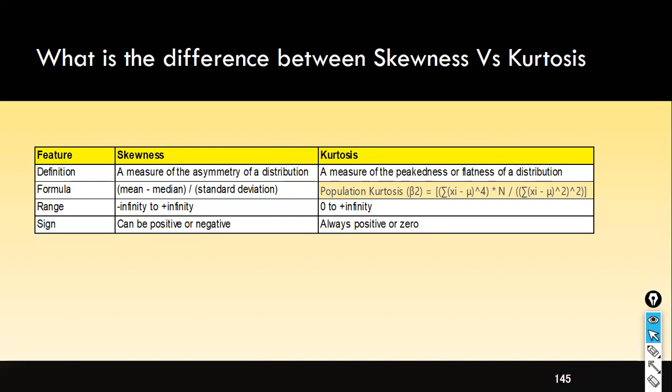Very high, low and 0, there are 3 cases you can see here. There is no negative value in the case of kurtosis, it is always positive or 0, whereas skewness can be positive or negative. This is the formula. Skewness is a measure of the asymmetry of a distribution, and kurtosis is a measure of peakedness. Here we are very much interested in finding out the peakedness. Can we see any peakedness or flatness in the given distribution?